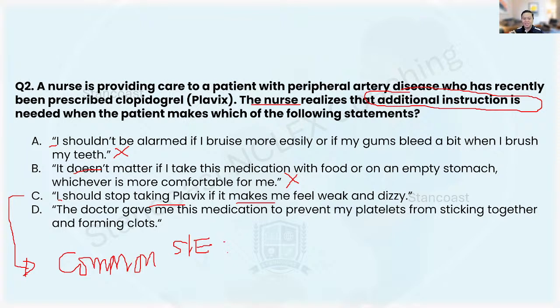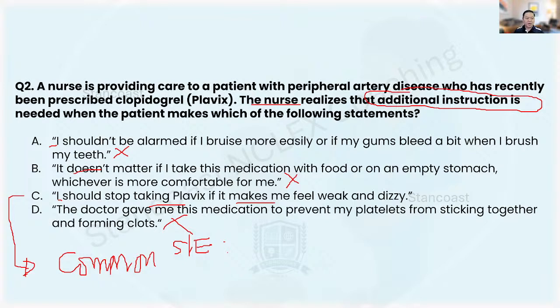Do not allow them to stop abruptly without notifying the medical provider. Now, going into letter D, the doctor gave me this medication to prevent my platelets from sticking together and forming clots. We're going to eliminate that because that is the desired drug action in order to prevent the platelets from clumping together, okay?